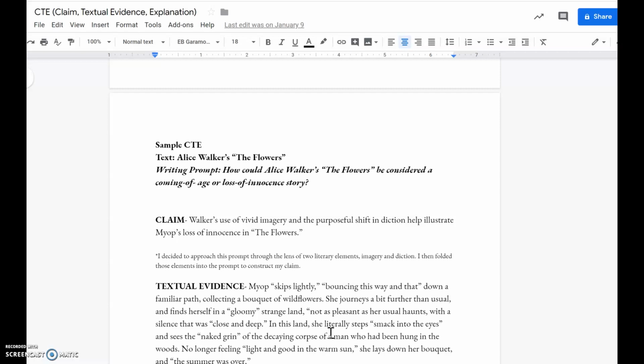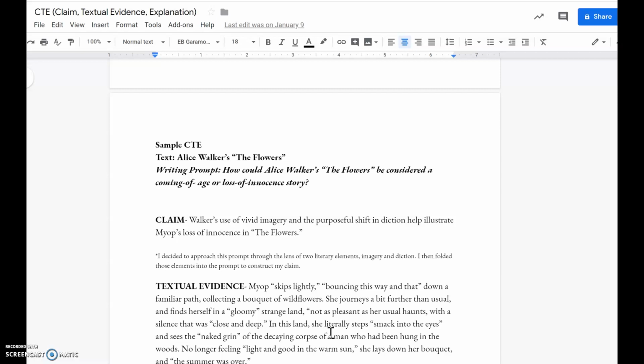So the text is Alice Walker's The Flowers, and the prompt for your CTE is, how could Alice Walker's The Flowers be considered a coming of age or loss of innocence story?